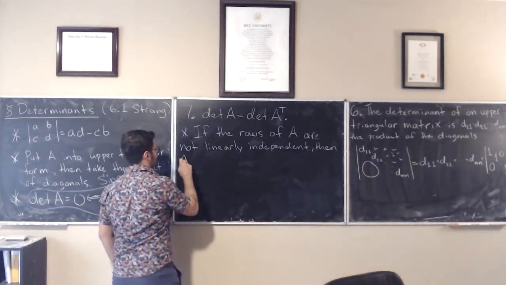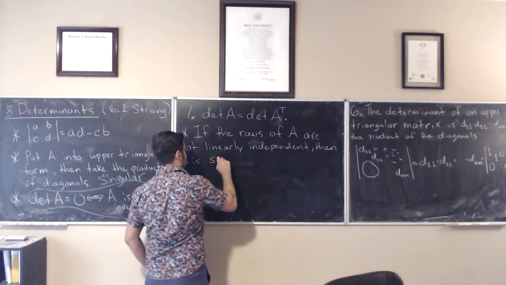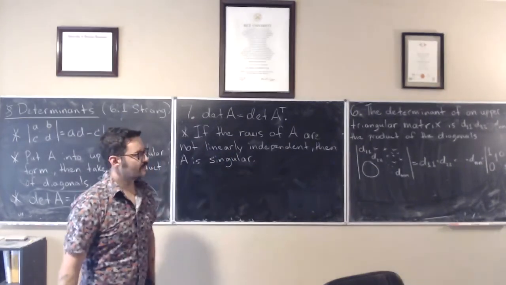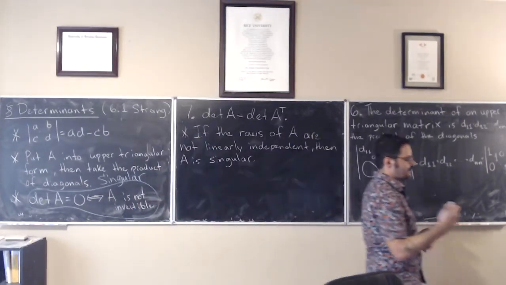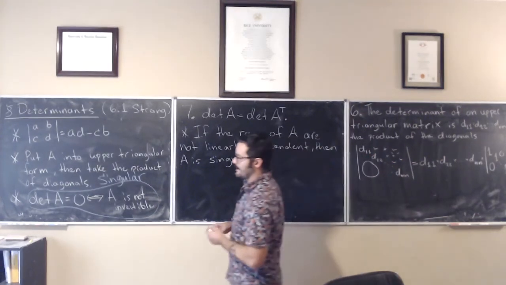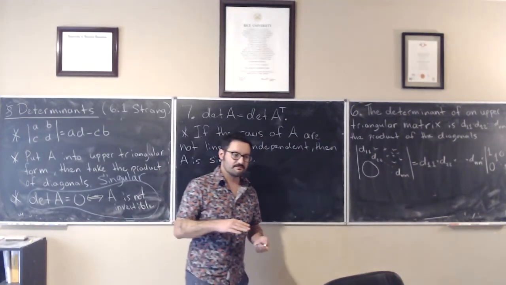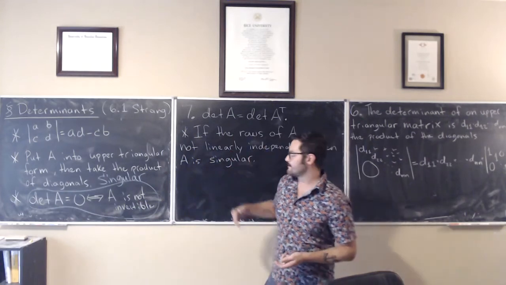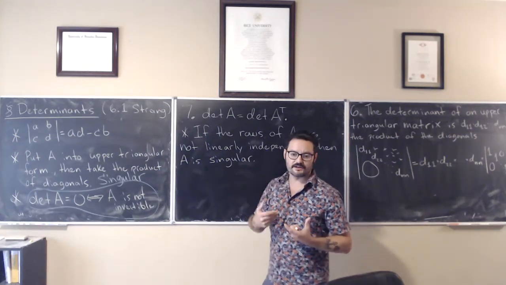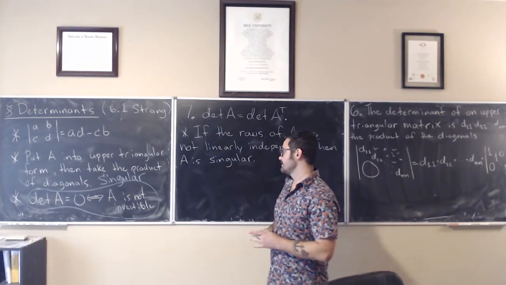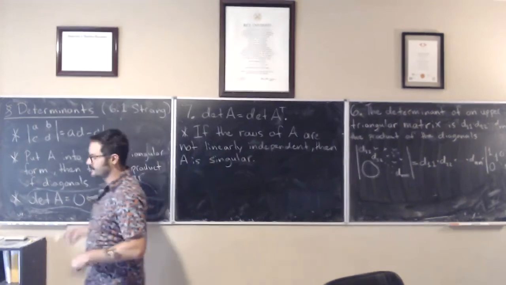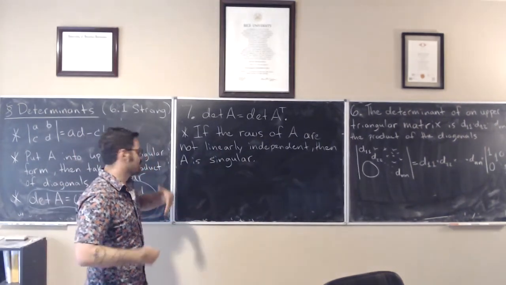Because if adding and subtracting multiples of rows together doesn't change the determinant, and if there's ever a row of zeros, then the determinant is equal to 0. If the rows are not linearly independent, then one of the rows can be written as a combination of adding and subtracting multiples of the other rows, which means that we can make that row 0, which means the determinant of A is 0, which means it's singular, which means it's not invertible.